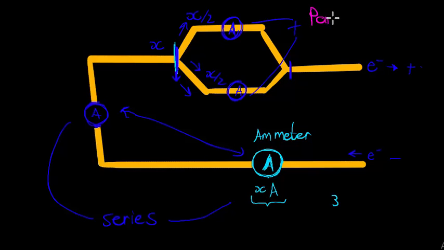This is called parallel. And again, my spelling is atrocious. Parallel means my current splits. And whenever my current splits, obviously my ampere readings will also split. But later on, when they come back together, if I take a reading here, I am in the main branch again.